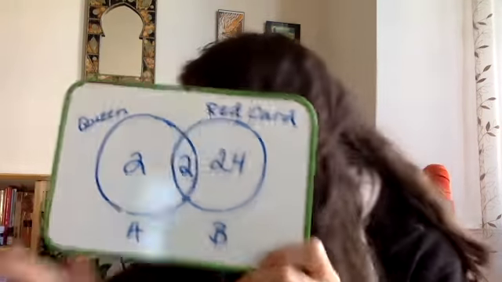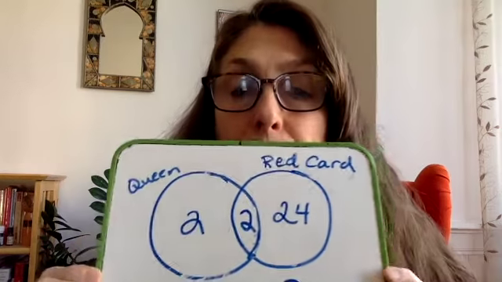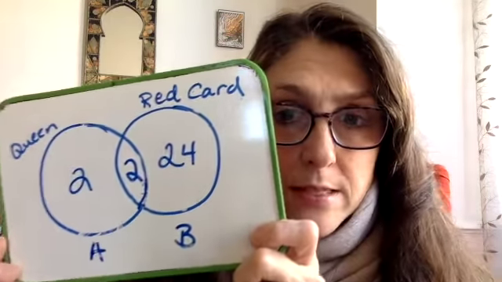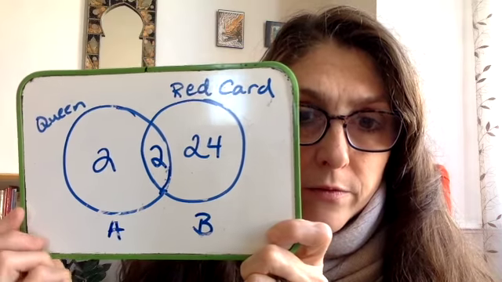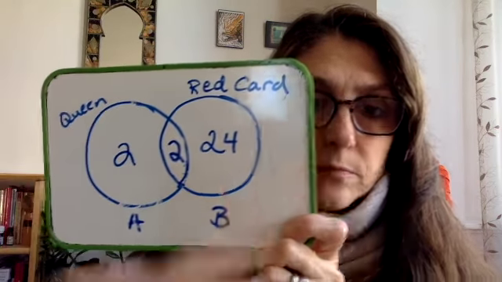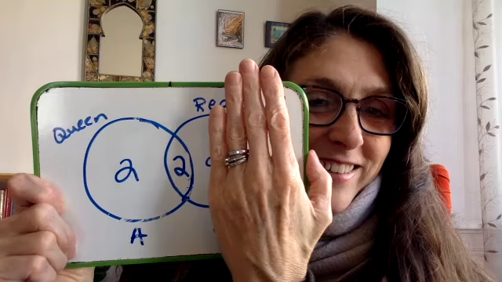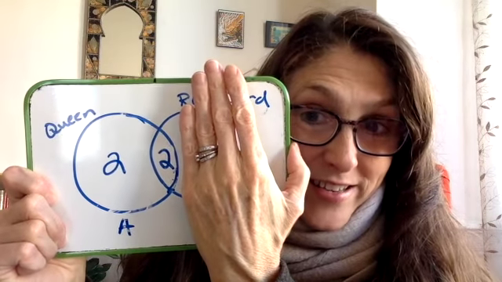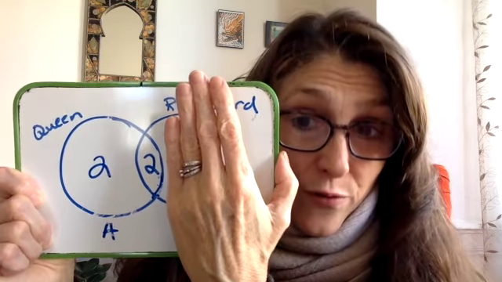So what if I want the probability of getting a queen or a red card? What's the probability of getting a queen or red? Well, you guys can just figure it out because you know the numbers. But using the Venn diagram, you can see a problem. We have 4 queens, so the probability of getting a queen is 4 out of 52.